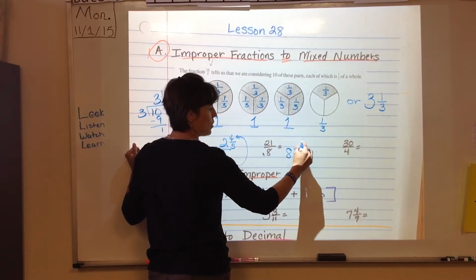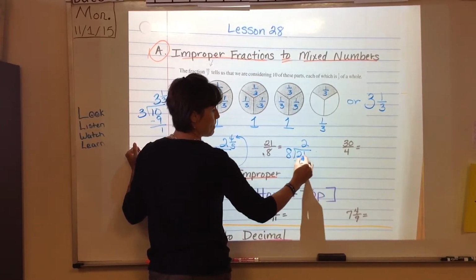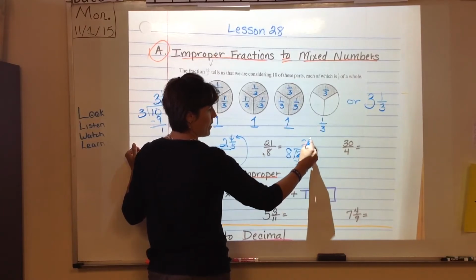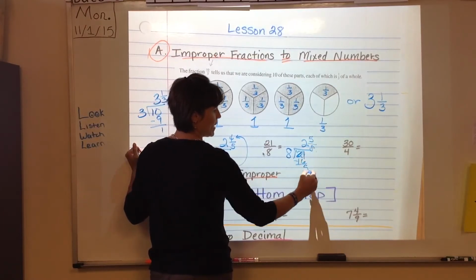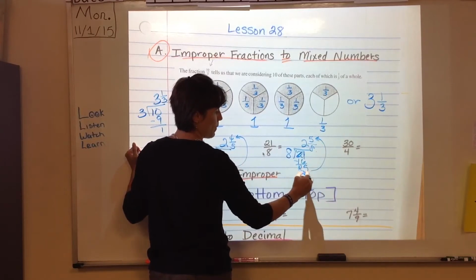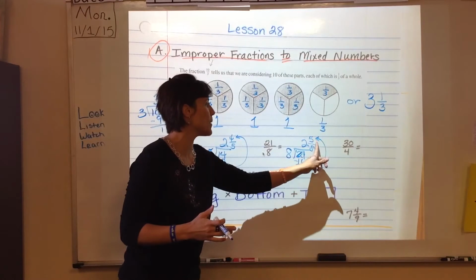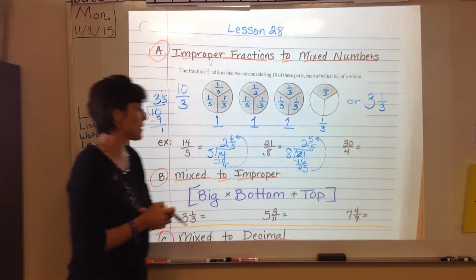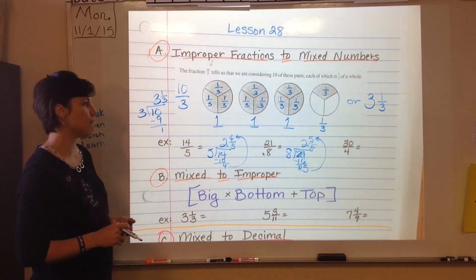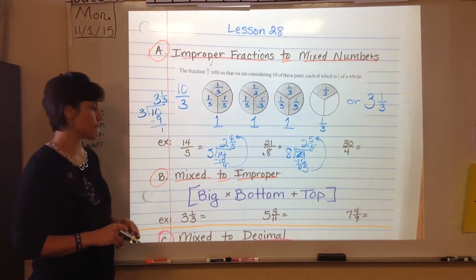Goes not 3, but 2 for 16. Subtract. 21 minus 16 is 5. 2 and 5 eighths. Remainder, yes, that's your remainder pieces. You don't have enough to make another whole, so the remainder goes on top. You have 5 pieces left, and they're eighths. Cool, you can do the last one, and we'll check it in class.